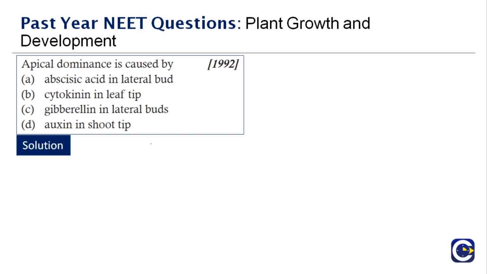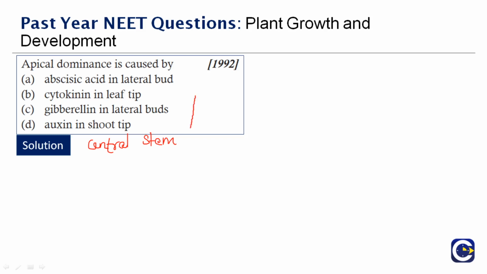Now apical dominance is a phenomenon where the main central stem of the plant is dominant. It grows more strongly than the side stems on the branches of the main stem.